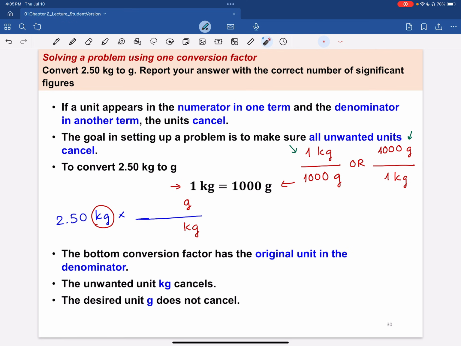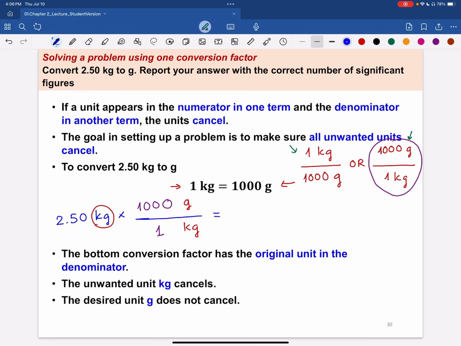Which one has gram in the numerator? The second one right here. So I choose this one as my conversion factor: 1,000 grams over 1 kilogram.